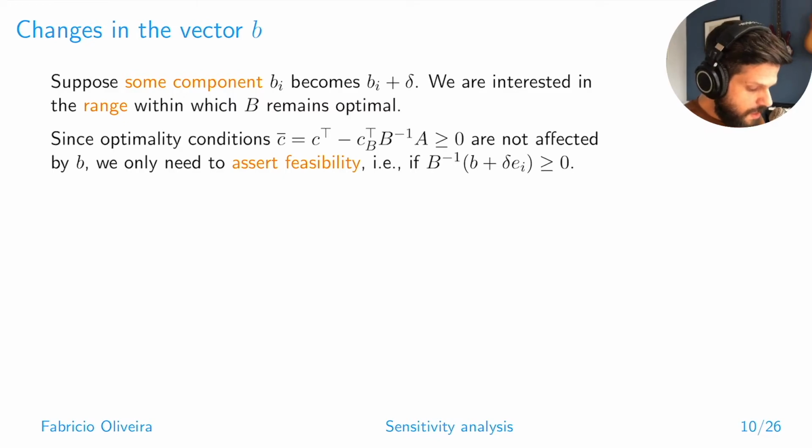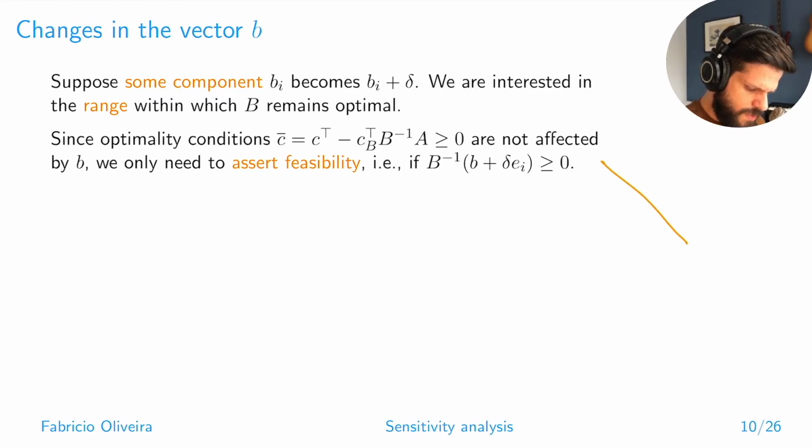So what you have to make sure is that feasibility, which is what is being affected, is maintained, so that when I look at this term being added to my b, this thing doesn't become negative.